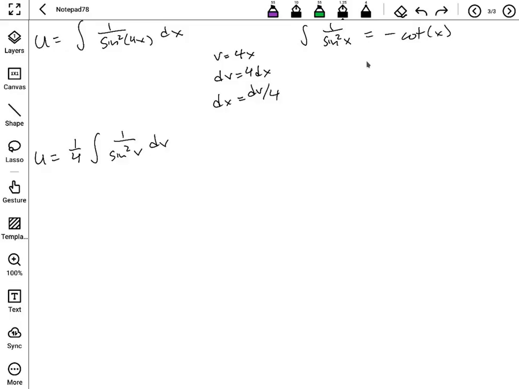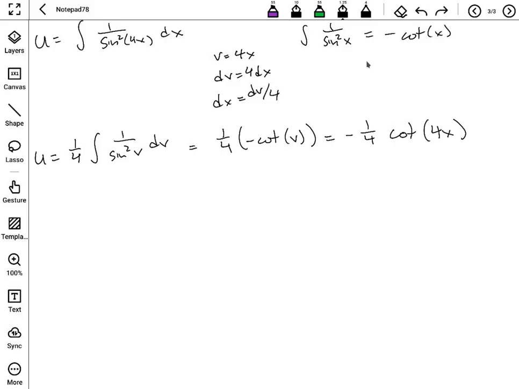The constant out front isn't actually going to matter for this because we end up using it to build a fundamental solution, but just to be careful for how we'd normally integrate things. So this would be 1/4 negative cotangent of v, but v was just 4x, so it'd be like that.